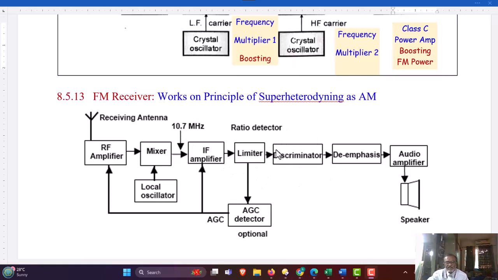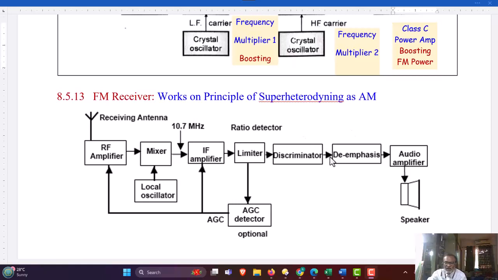The discriminator is also called the demodulator, or frequency demodulator circuit. This frequency demodulator has a function which will convert the change in frequency to a corresponding change in amplitude. So at modulation, we change the frequency proportional to the amplitude of the modulating signal, and at the demodulator, we convert the change in frequency back to the original change in amplitude of the modulating signal.